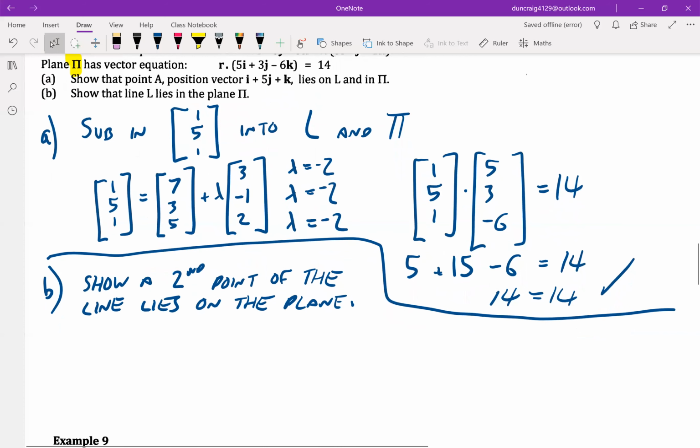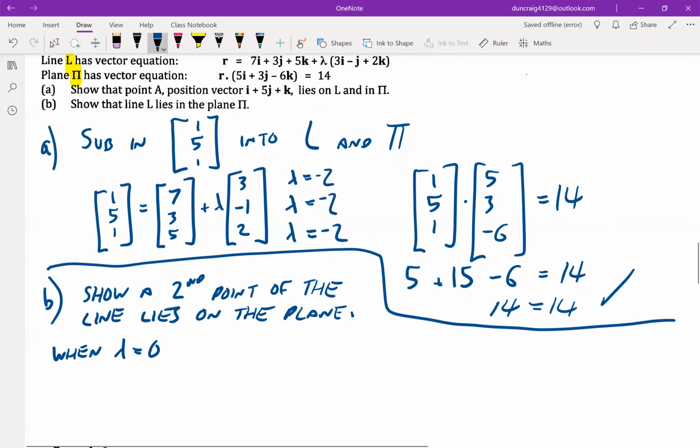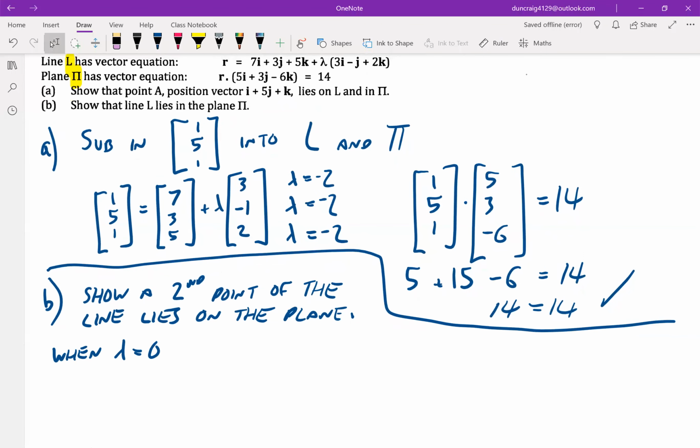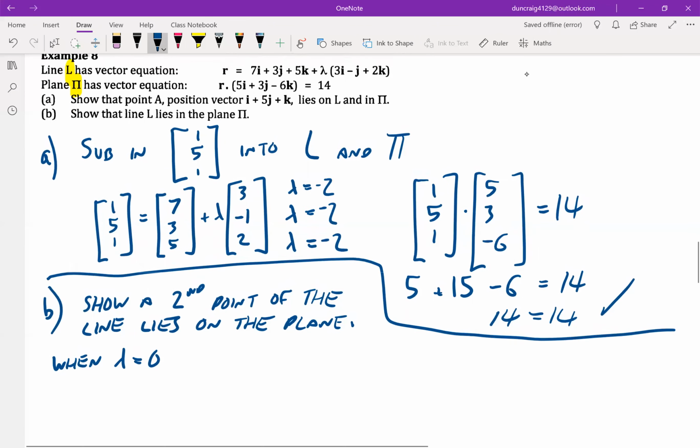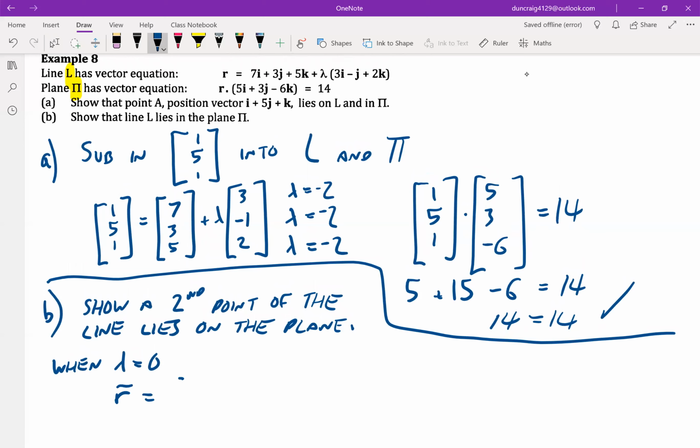So let's get a second point. Let's just say when lambda is equal to 0, what are we going to get? That's just going to give us 7, 3, 5. So that gives us the point 7, 3, 5.